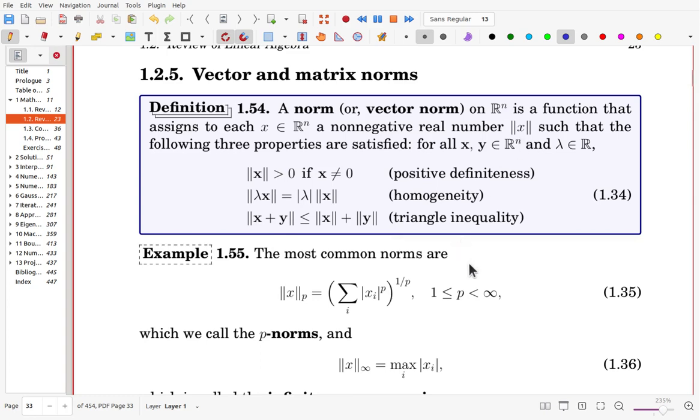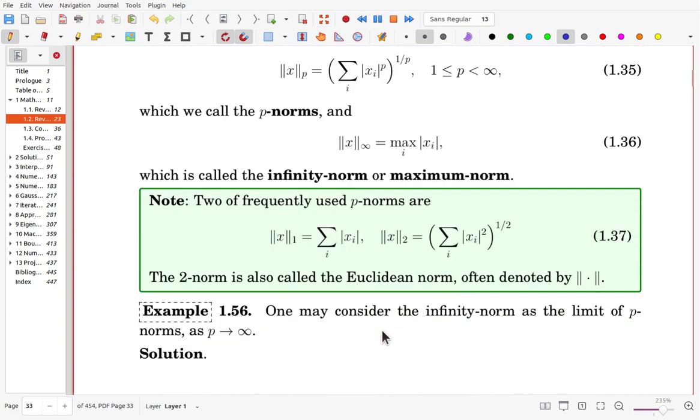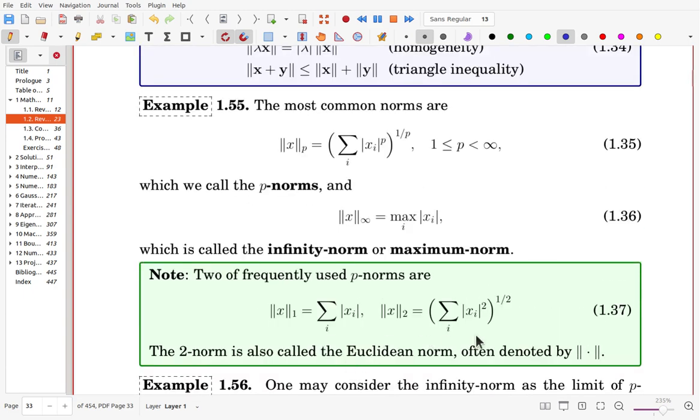The most common norms are p-norms and the infinite norm or maximum norm. Here, the maximum norm takes the maximum value in modulus. Two of the frequently used p-norms are the one norm and the two norm.